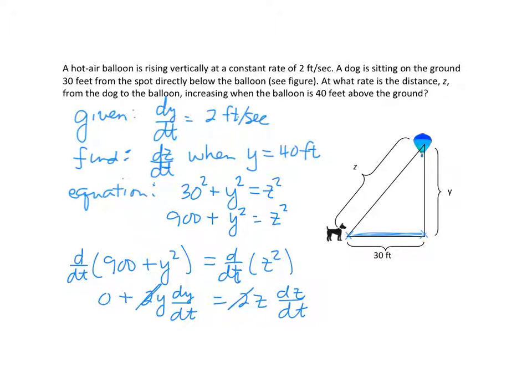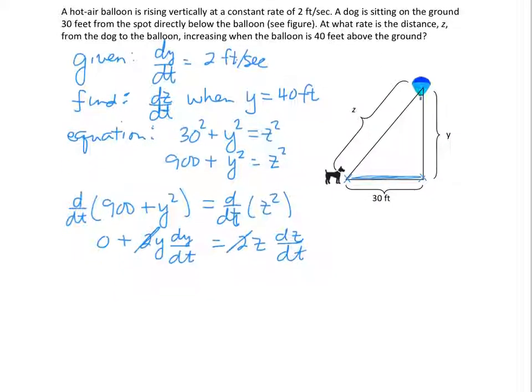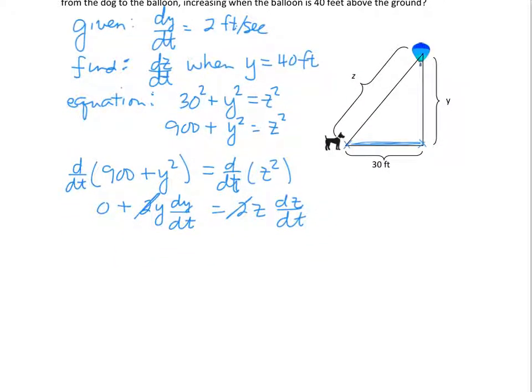So I have y times dy/dt equals z times dz/dt. Let's go back and look. We're trying to find dz/dt, so that's what we need to solve for. So I'm going to solve this equation for dz/dt. Well, to do that, divide both sides by z.